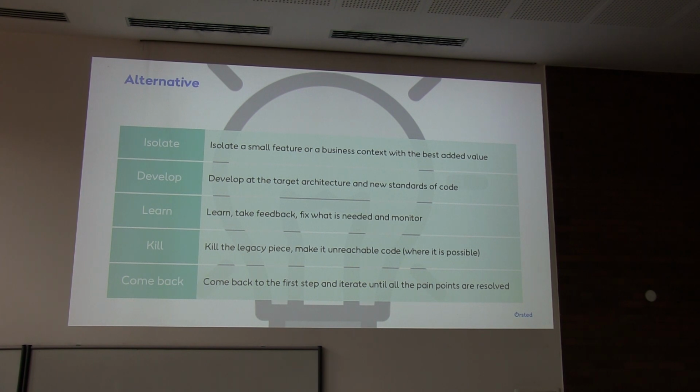First, isolate the smallest feature possible that has the best added value. Instead of taking into consideration the big scope of everything that you don't like, you can take the smallest one, target only this one, and develop it.